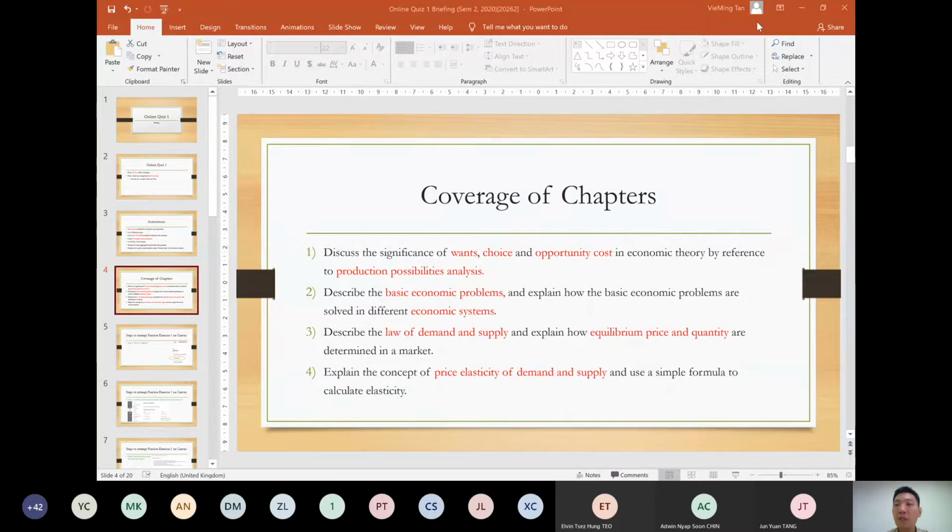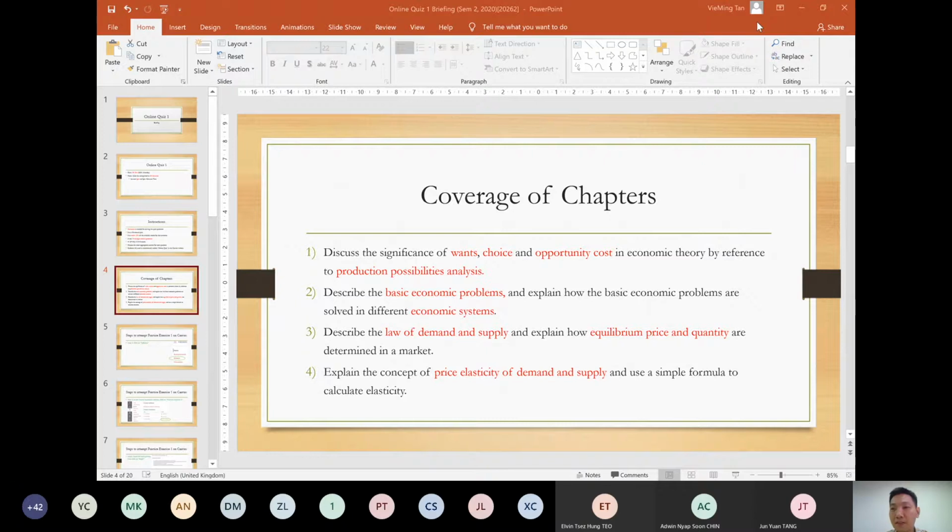So what is the meaning of opportunity cost? Any idea? Anybody open to discussion? What is the meaning of opportunity cost then? Anybody?